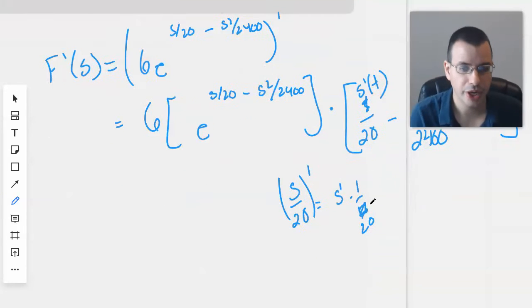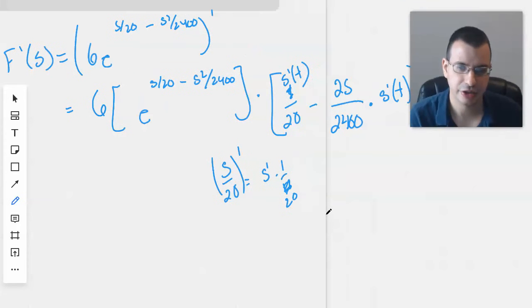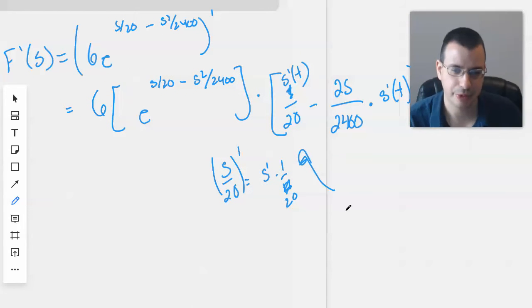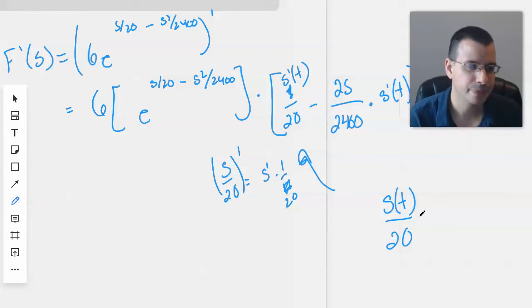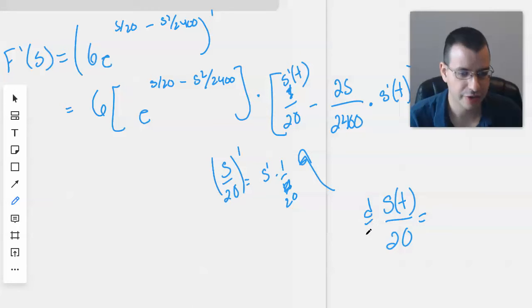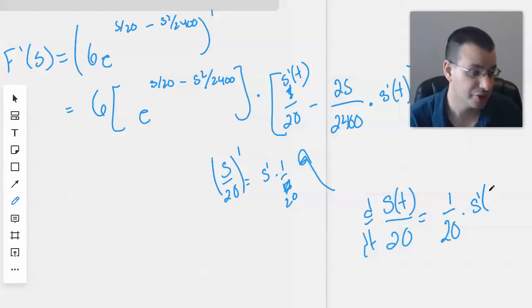What I did here is use this one as the example. We want to take the derivative of s of t over 20, so speed with respect to time, and the derivative with respect to time will be 1 over 20 times s prime of t.